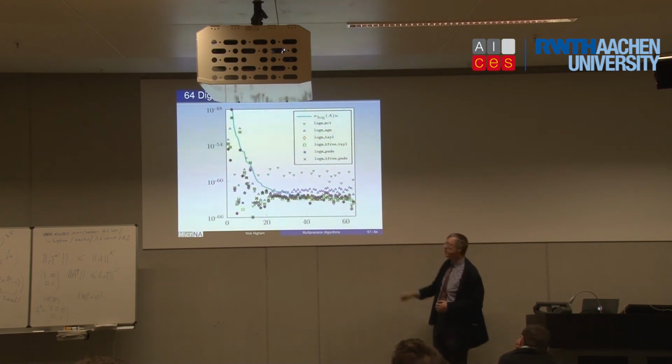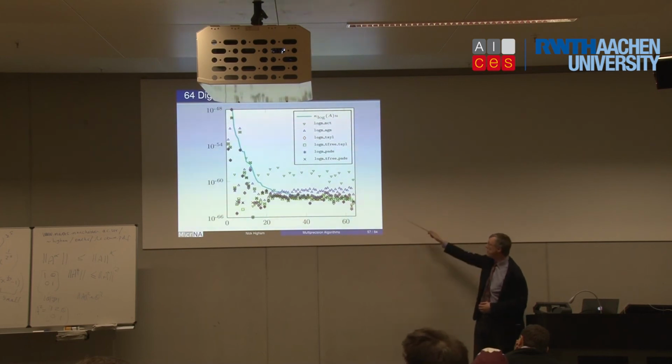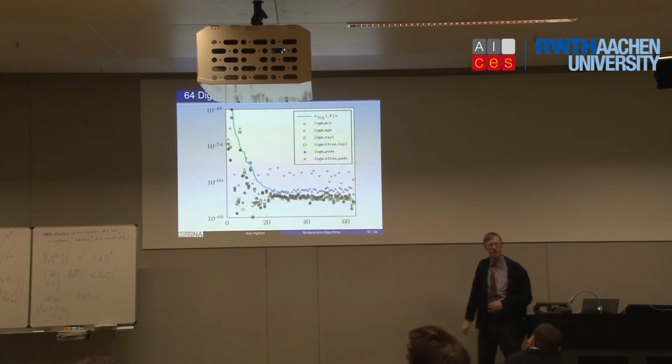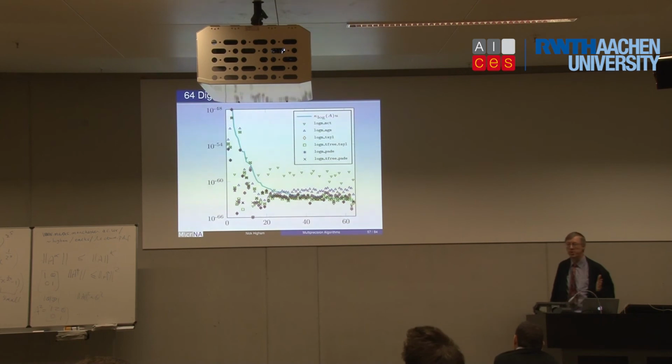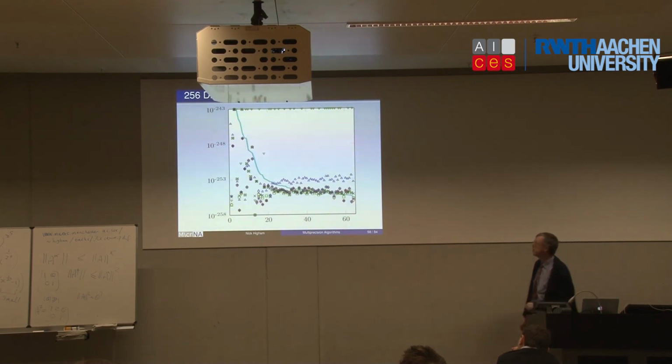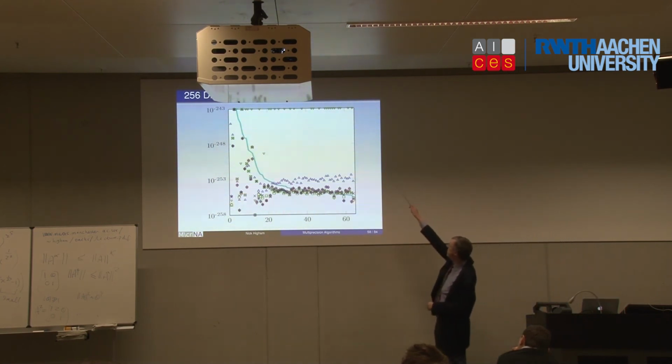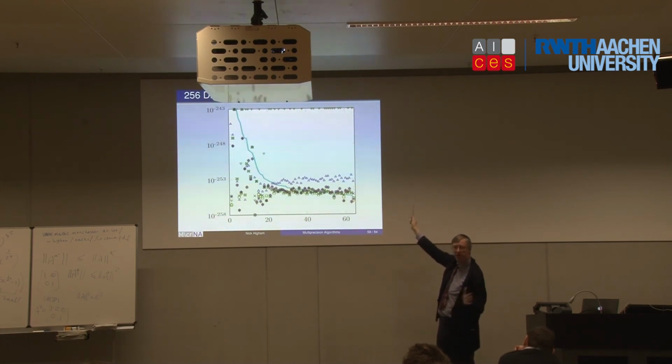I've not shown you the picture for 16 digits, where they all lie below the blue line. So they all work fine in double precision, but as you increase the precision, things go wrong. If I go to 256 digits, the Advanpix green triangles have all gone off the top of the plot, so I've just tied them to the top line there. So this is completely unstable.